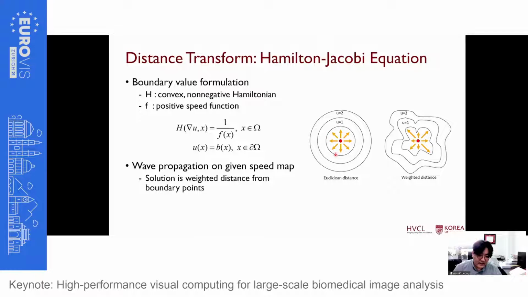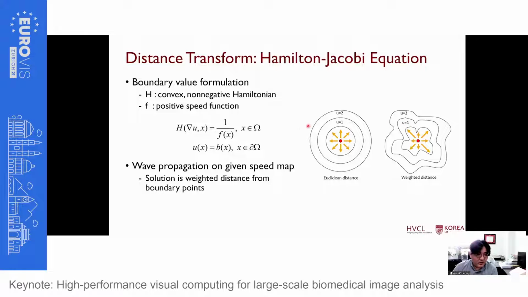If we plot the equidistance points, for example, iso contours from this starting point, then if we think about the Euclidean distance from the center, the iso contour will be a circular shape. If you think about the weighted distance, where depending on the direction and point position we have different propagation speeds, then we will get very curvy iso contour boundaries depending on how you define this weight, right?